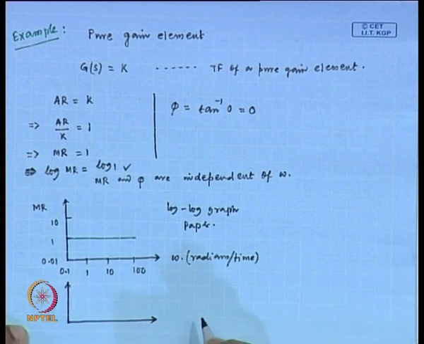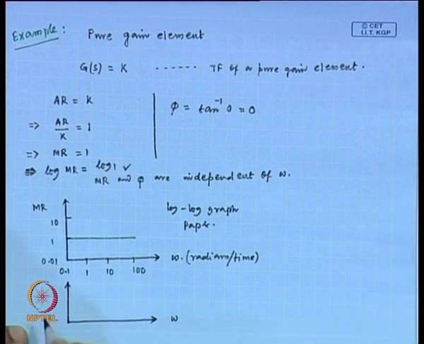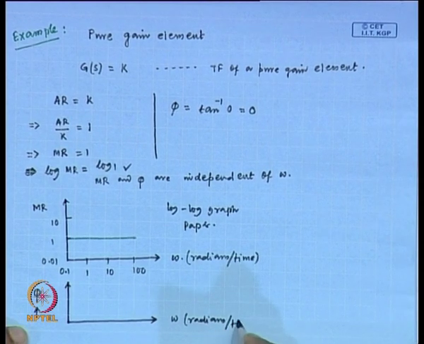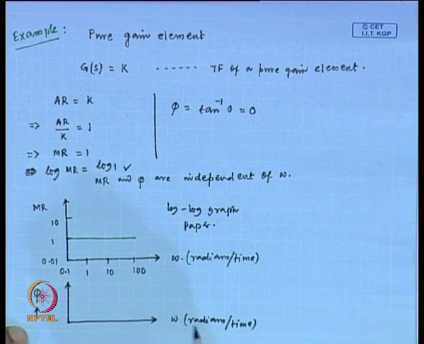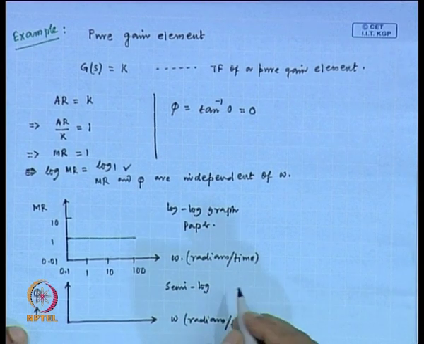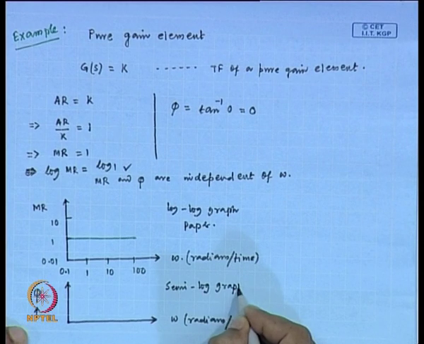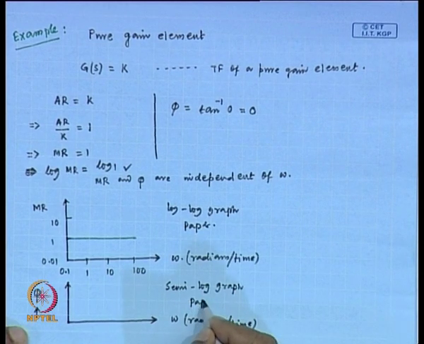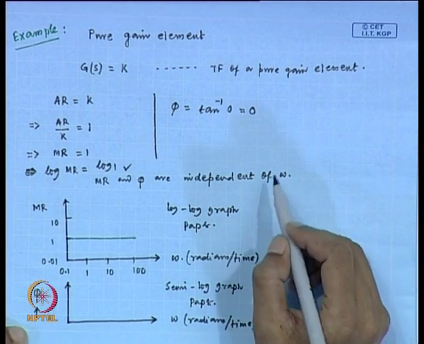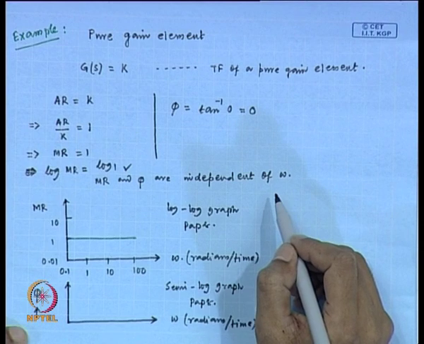Second plot is made between phi versus log omega. And remember, this is the semi-log graph paper. As commented that phi is independent of omega and that is equal to 0.